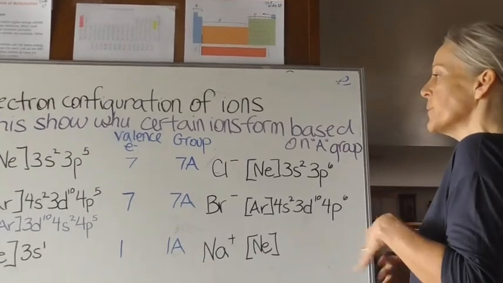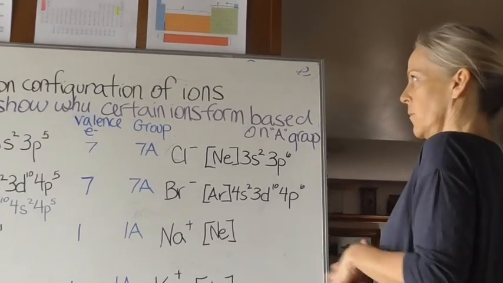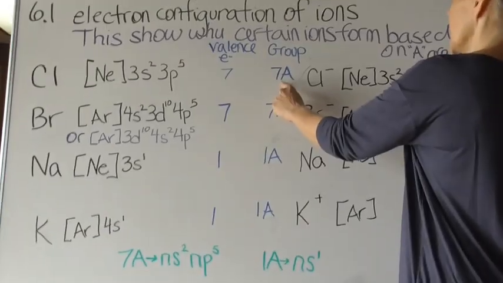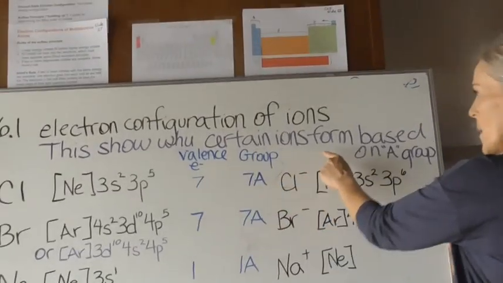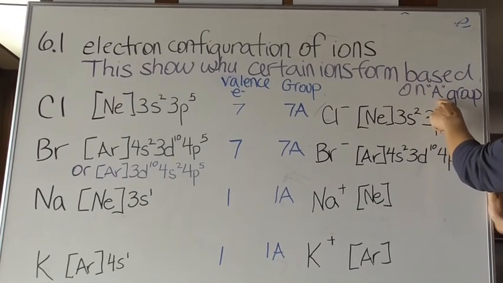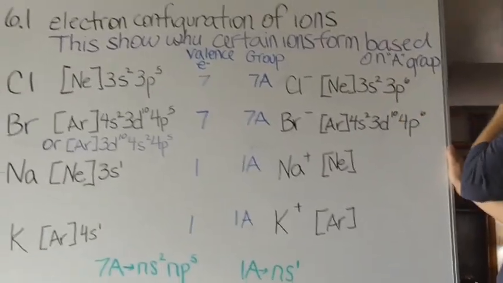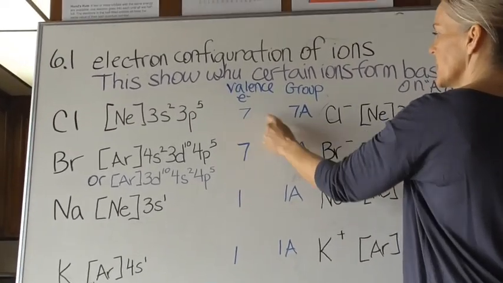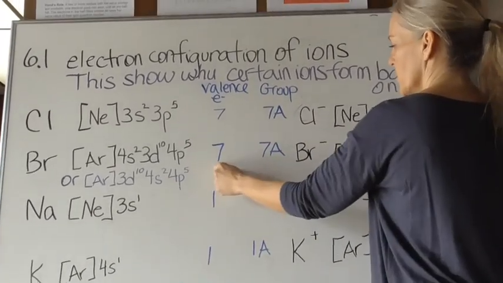And notice, even though we said this a long time ago, if it's an A group, I put up here the ions formed based on the A group. Those are the ones that have this specific pattern. Valence electrons is going to be the same as the group number.